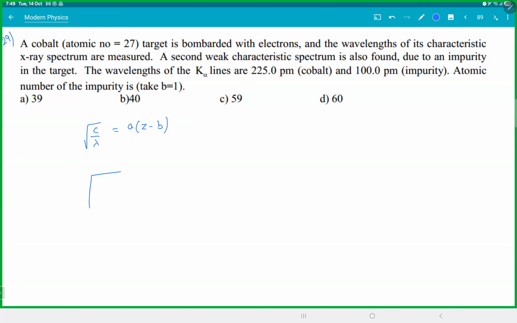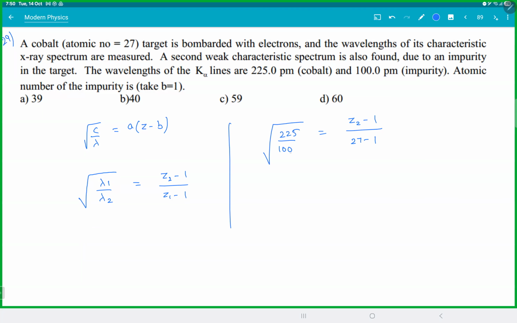So we don't know what that impurity is. So root over lambda 1 by lambda 2 will be Z2 minus 1 by Z1 minus 1. Numbers are given, good. So this is 225, 500, and Z2 is what we need to find, and Z1 is 27 minus 1.